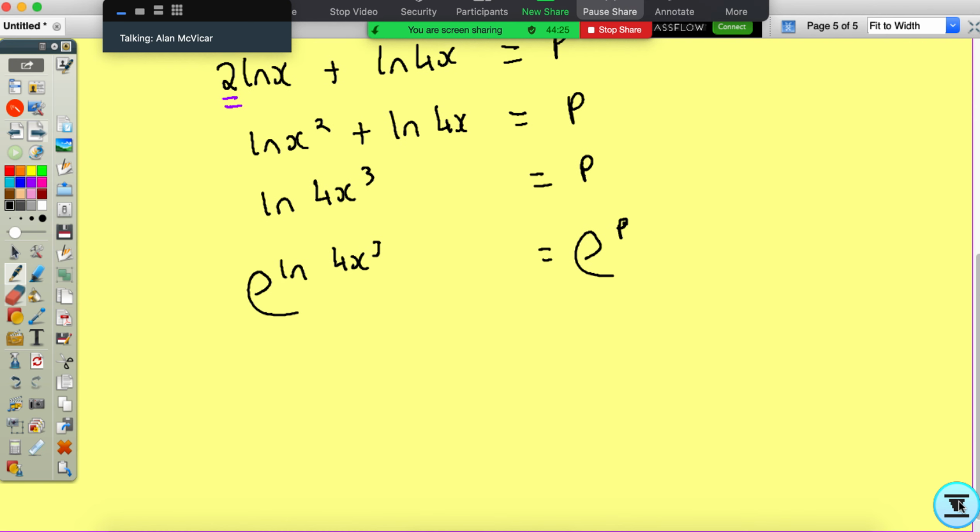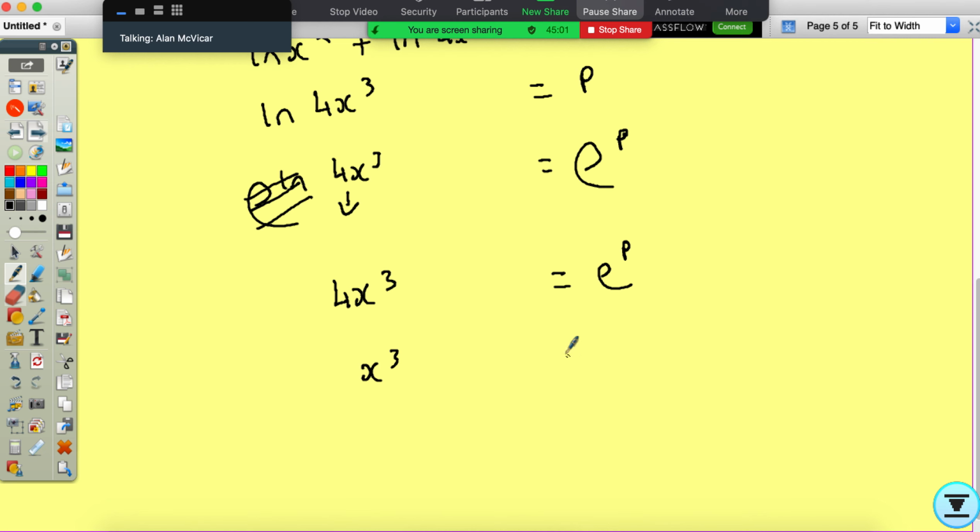Now, what happens here is these two cancel off and your 4x cubed drops down. So 4x cubed equals e to the power of p. The p needs to look like a power. You can't just write ep, it's e to the power of p. So I'm nearly there. I've just got to get rid of my 4 and my cubed.